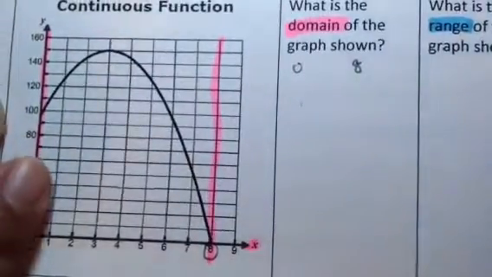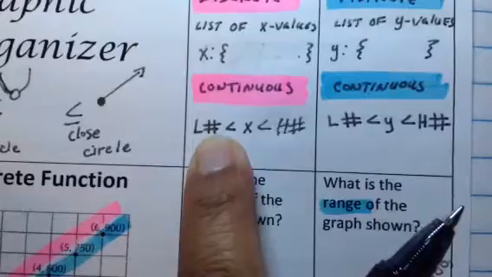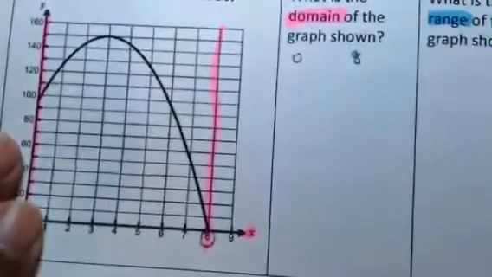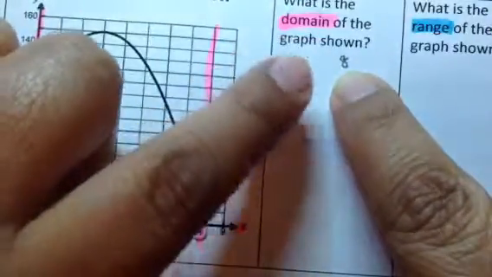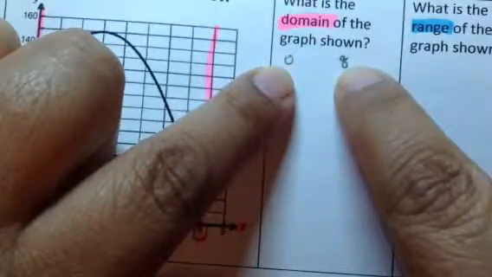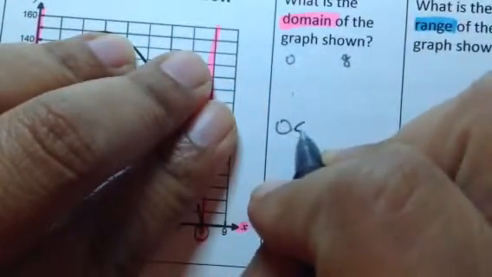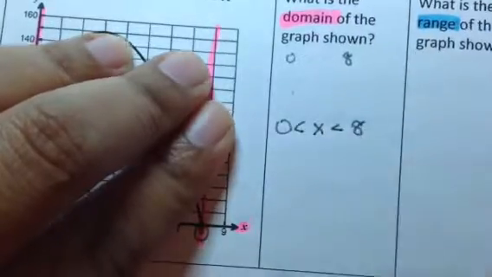Now if you'll remember from the very beginning, we start with the low number and then the high number. Which of these two numbers is the lowest? Well, y'all should know that 0 is lower than 8. So I'm going to start with 0 less than x less than 8.